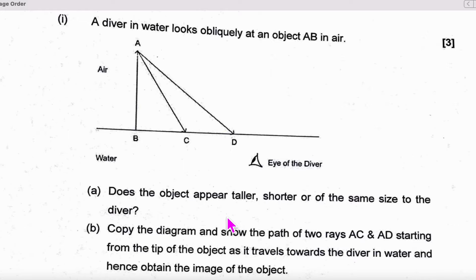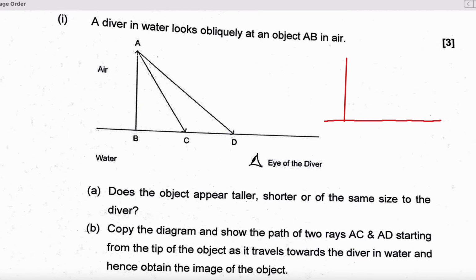Okay? Now copy the diagram and show the path of two rays. When you're drawing the diagram, don't copy it like this, copy it this way. This is your diver somewhere here. First of all, take the reference line.